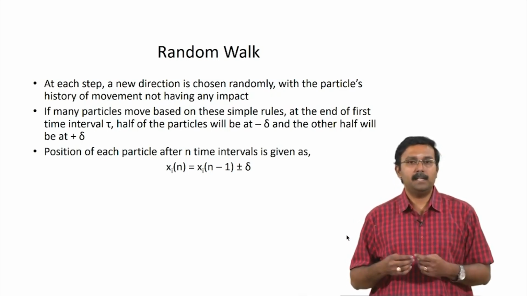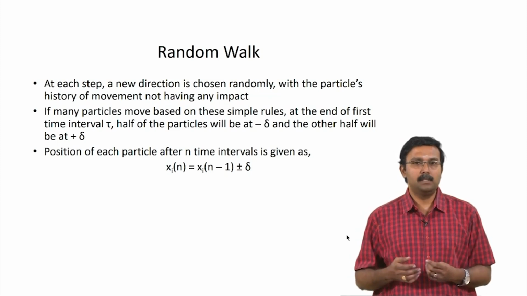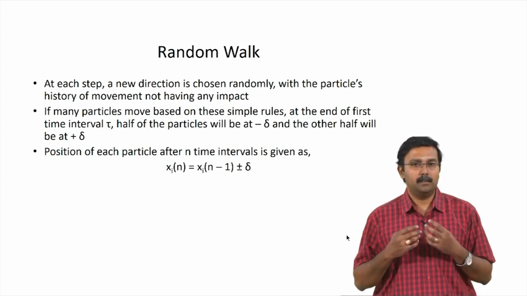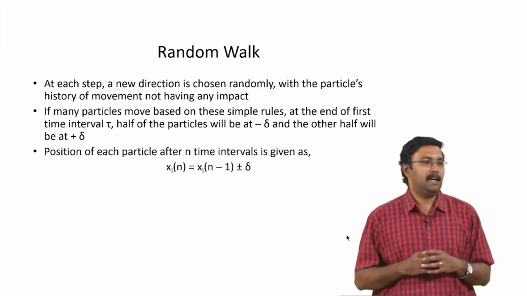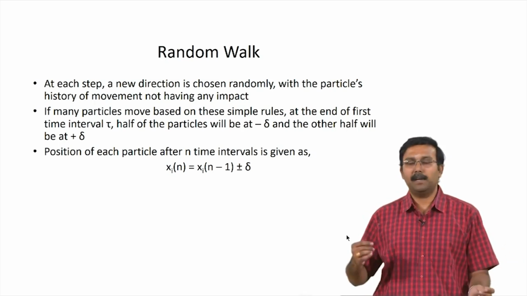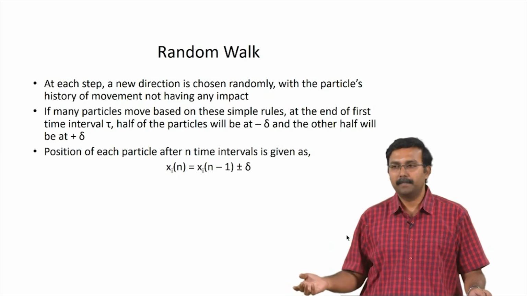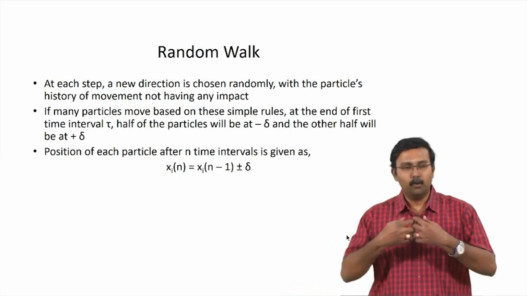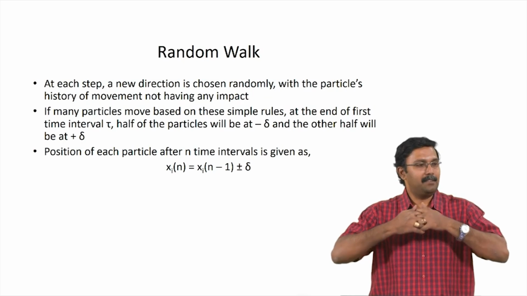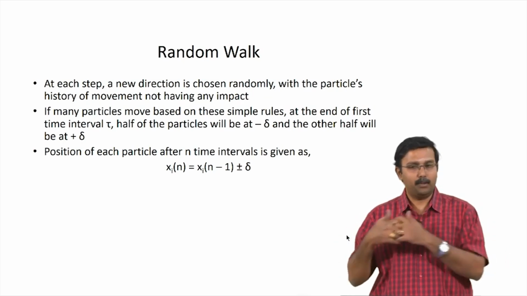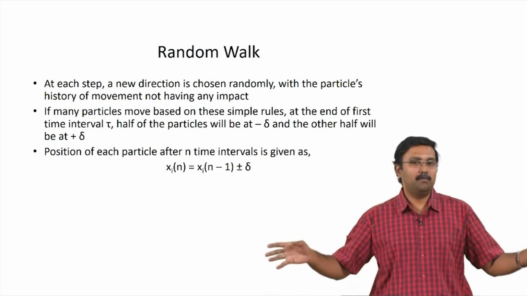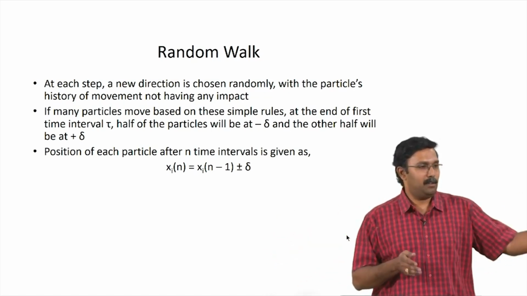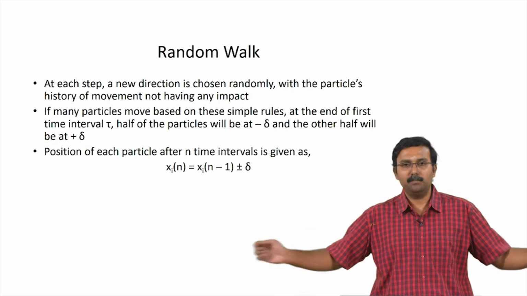So, if many particles move based on these simple rules, at the end of the first time interval tau, half the particles will be at minus delta and half the particles will be at plus delta, right. If all cells have exactly equal probability of moving left or right, then half would have moved left, half would have moved right. So, if the center is 0, one half would have moved to minus delta and the other to plus delta.